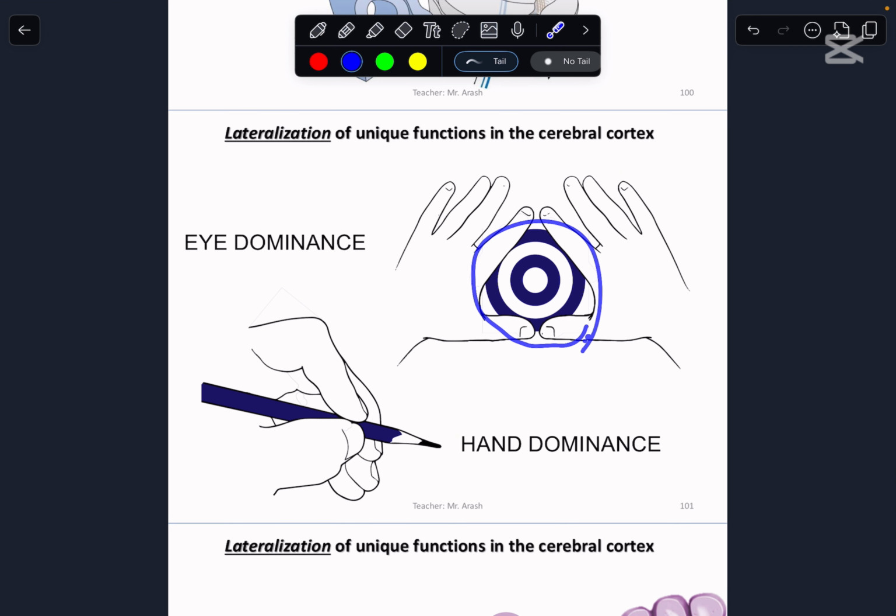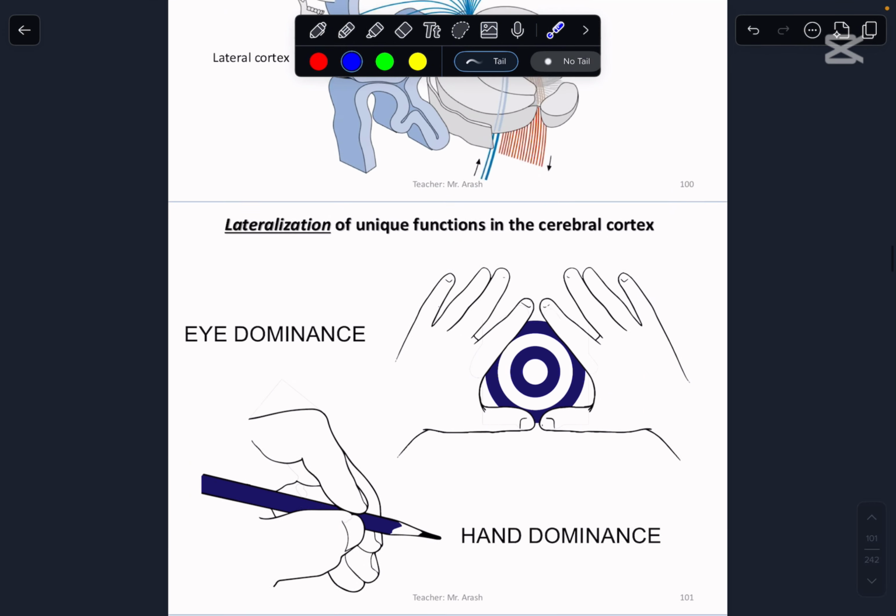That would basically mean that if you're left-eyed, the left part of the brain dealing with the eye is stronger. If you're right-handed, the right part of the brain dealing with your hand is stronger, right?